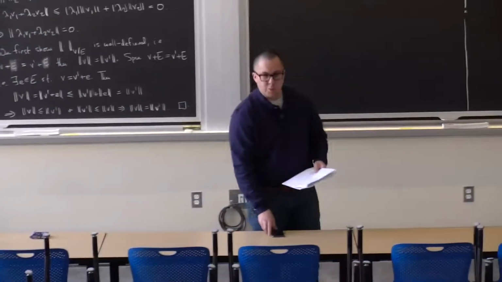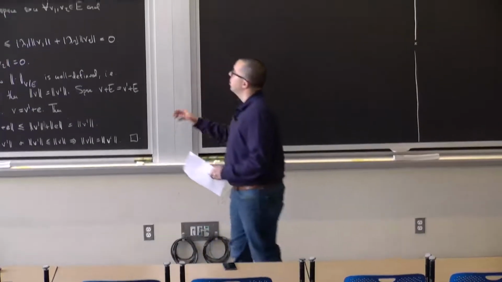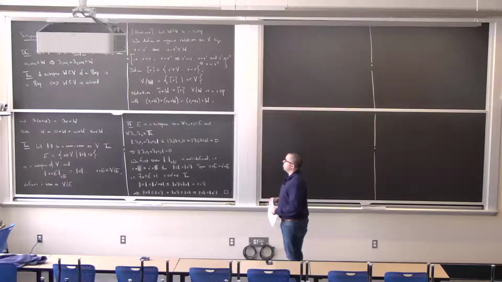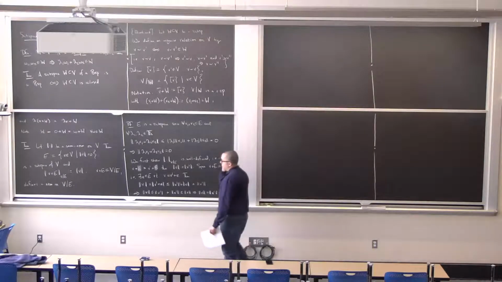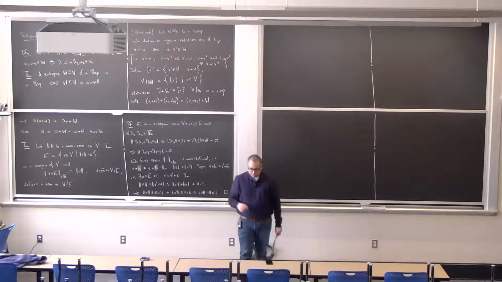Okay. Now there's one other way. In this process we started with a seminorm on a space, identified the subspace of all, if you'd like, 0 norm elements, and obtained a new norm space.